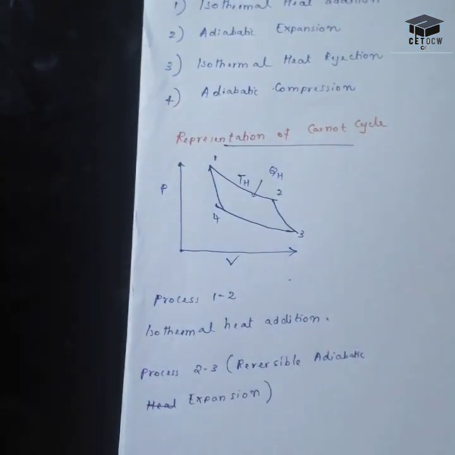Since the process is adiabatic, there will be no heat transfer, and here the piston moves from V2 to V3 reversibly adiabatically. The main peculiarity of the Carnot cycle is that all the processes are reversible and there is no type of irreversibility. There is no internal irreversibility, there is no external irreversibility.